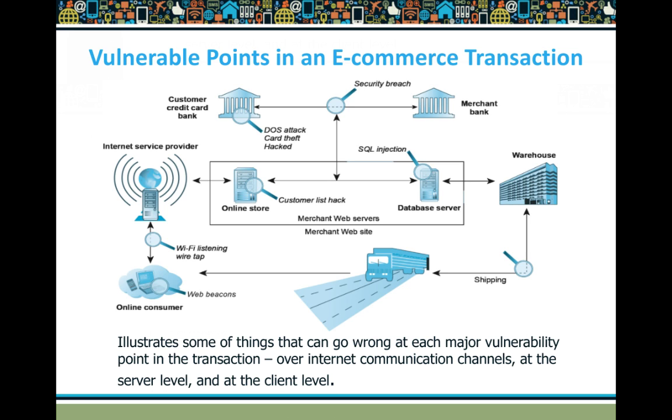When the consumer is trying to have a financial transaction done, we can have a denial of service that makes the transaction impossible. Also, any financial transaction that is in transit, about to happen, or in between, we can expect security breaches which can take away your personal credentials. So these are all the common points of attack in a typical e-commerce environment.